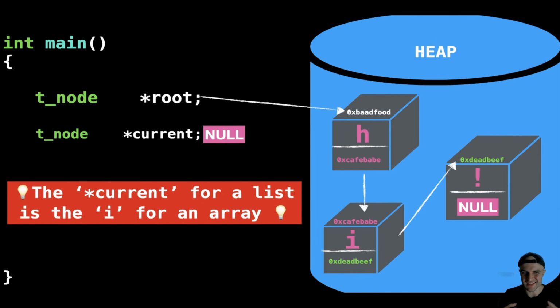But essentially, it's exactly the same thing. We have to remember, okay, I want to iterate over a linked list, so I need an i iterator, like in an array. In this case, it's going to be a pointer that I call current, or I call i. You can call it i even here. Okay, so that's the main idea of iterating over a linked list versus an array.